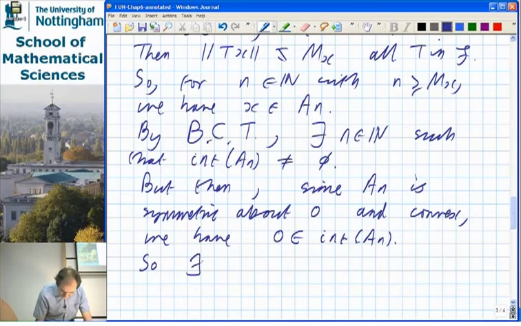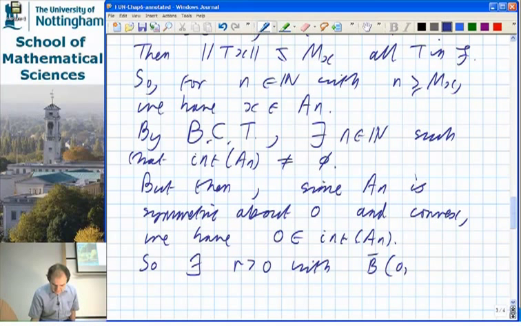So there exists an R greater than 0 with, and again we can take the closed ball, centered at 0 in X, radius R contained in A_n.